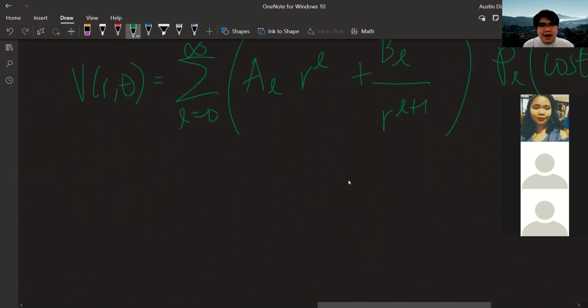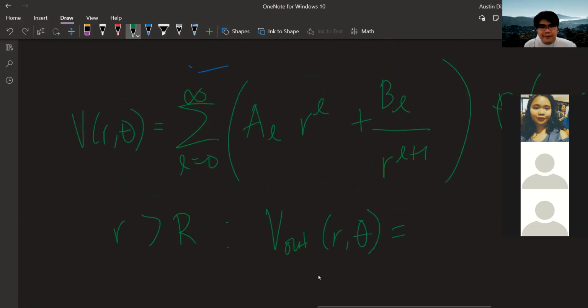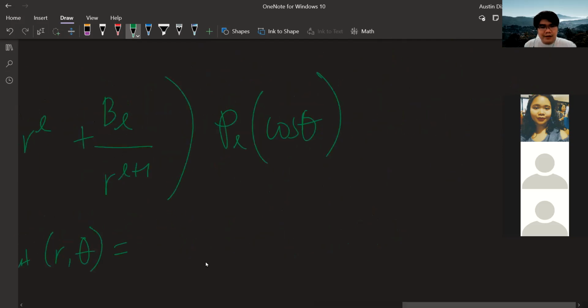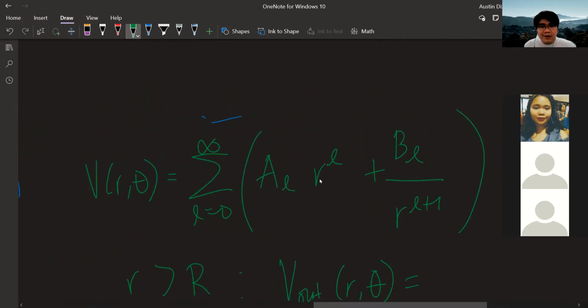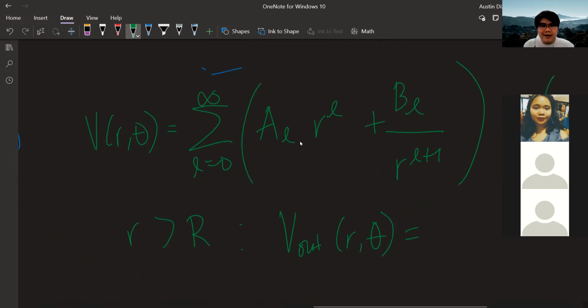Siyempre, maghahati tayo ng solution natin. There will be a case that is for greater than the sphere. Okay? So, for this case, V out, lagay natin V out. Outside, ibig sabihin. Alam ko na mag-zero agad yung A outside. Okay?